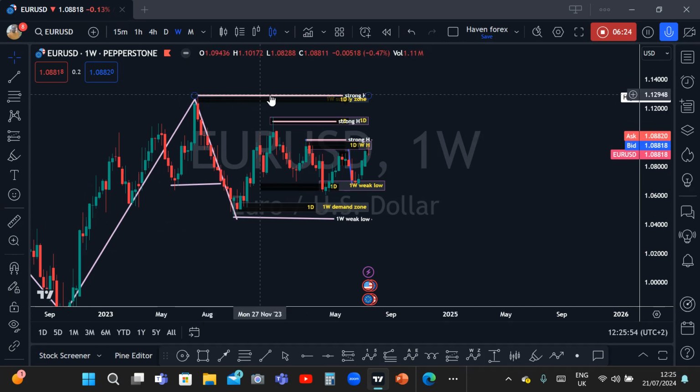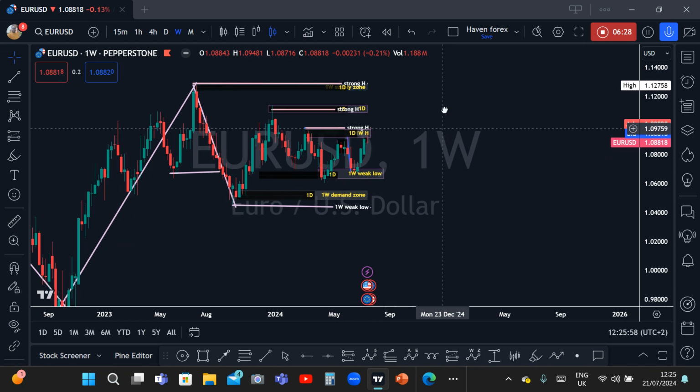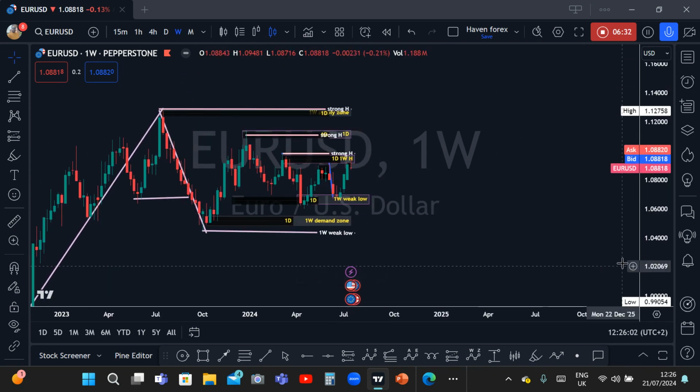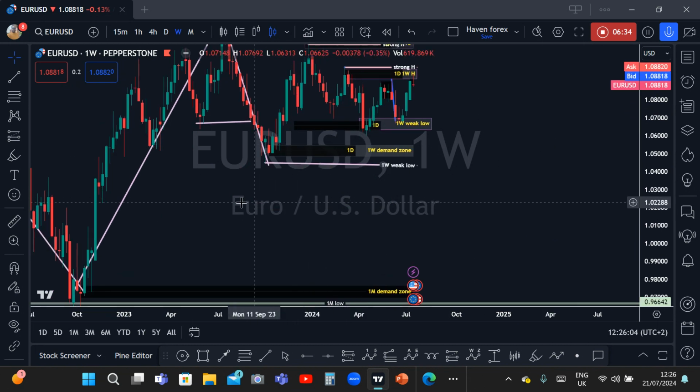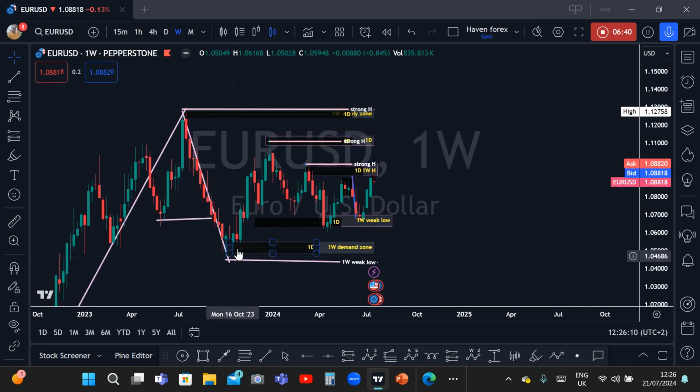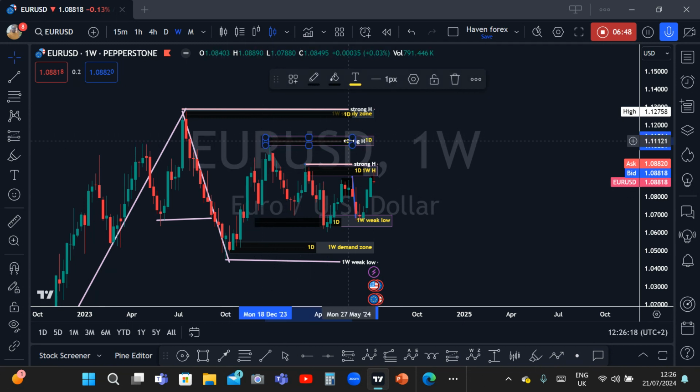That is why we regard this as a strong high, because it violated this, it broke the structural low, right? Now, this is a weak high.